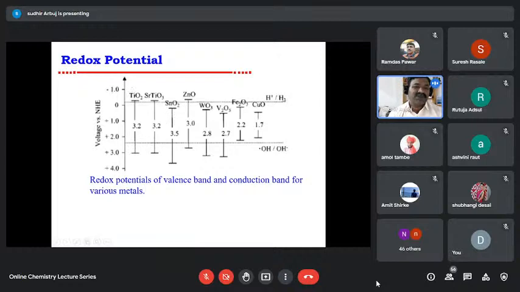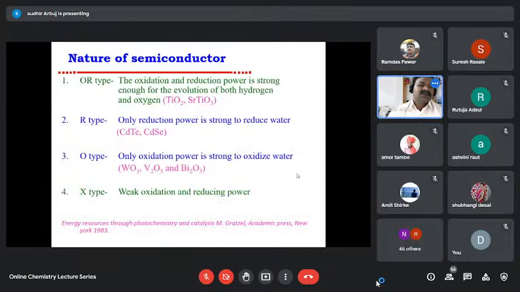But SnO2 cannot give hydrogen because its conduction band is slightly more positive than the hydrogen evolution potential. So those materials having conduction band above this, or more negative than the hydrogen evolution potential, can generate hydrogen from water.